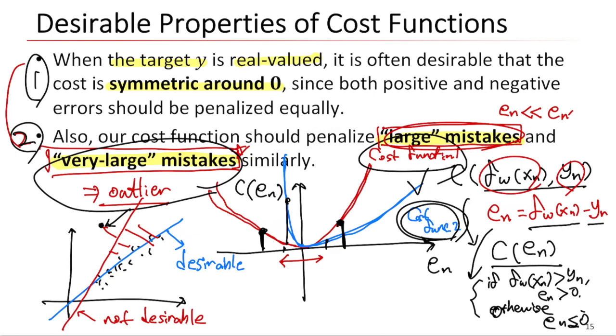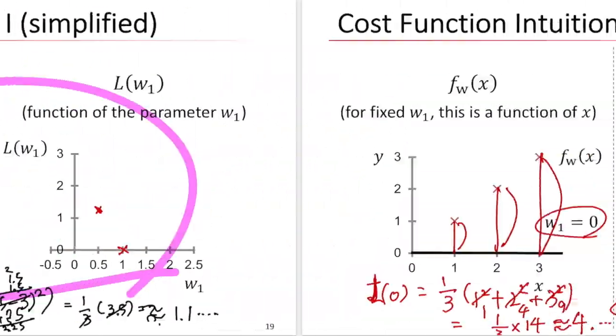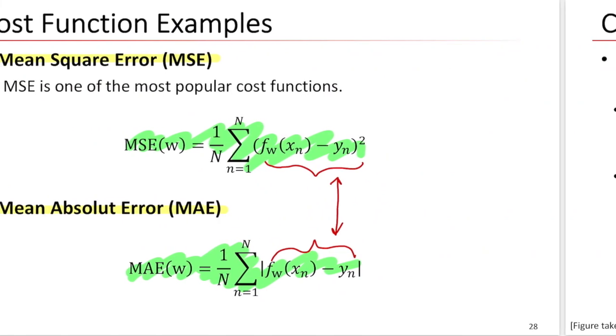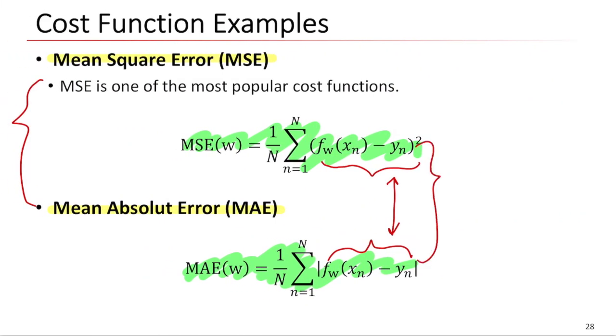And the second one is that the cost function should penalize a large mistake and a very large mistake similarly, like this. These cost function examples satisfy those two desirable properties.